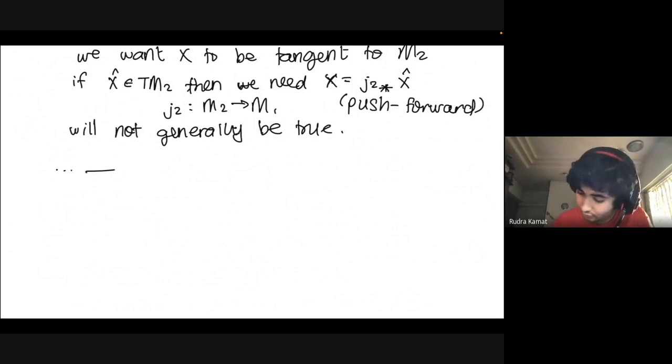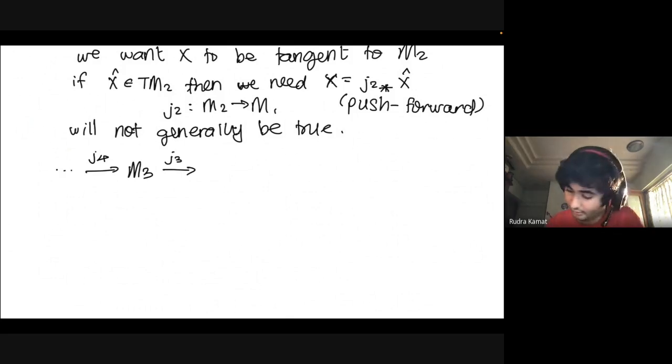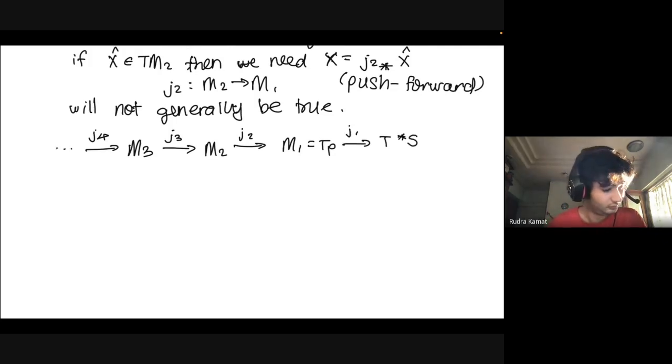Arrow J4 M3, if we keep demanding tangency and keep restricting our manifold, we're going to get a chain of inclusion maps like this, and then this is M1, which is gamma sub p, and then the original inclusion map, which takes us back to the cotangent space, the entire phase space.